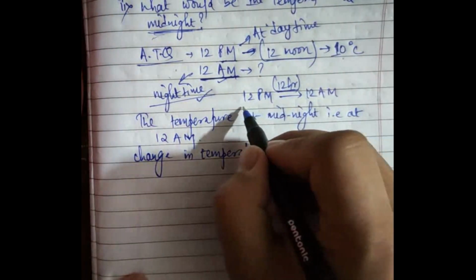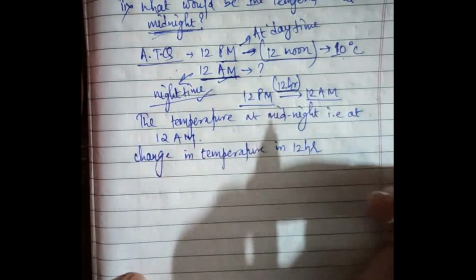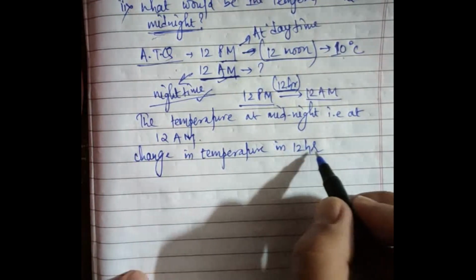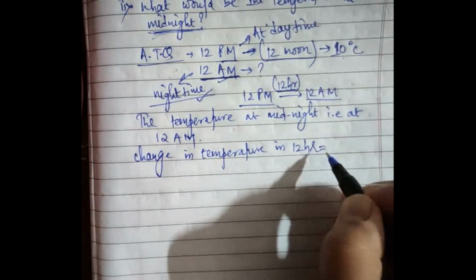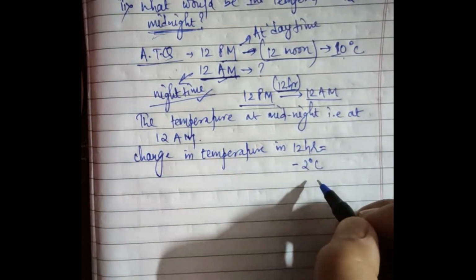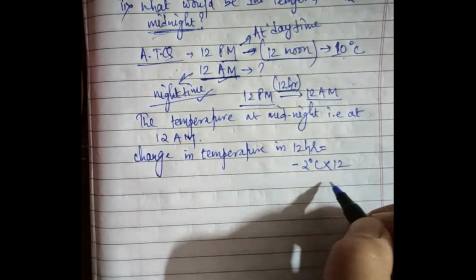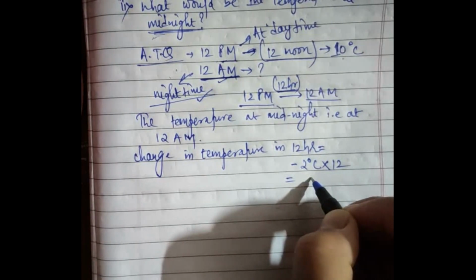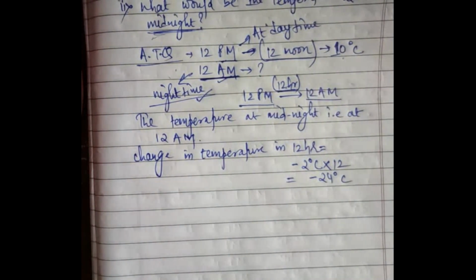So change in temperature in 12 hours is equal to minus 2 degrees Celsius, because the temperature was decreasing by minus 2 degrees Celsius, for how many times? For 12 hours. So the answer is minus 24 degrees Celsius. Change in temperature is minus 24 degrees Celsius.